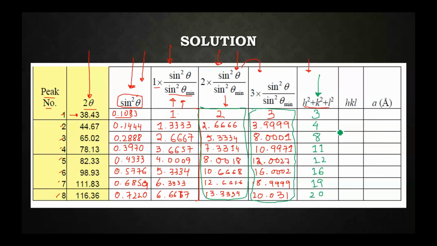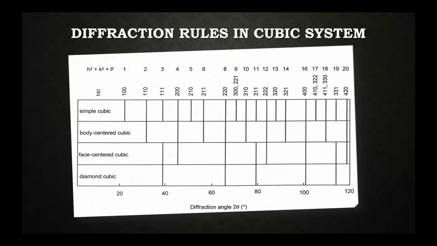What you have to do now is take the values of h square plus k square plus l square and compare them with a chart to find out the HKL indices. How do you do that? You have this chart with you.